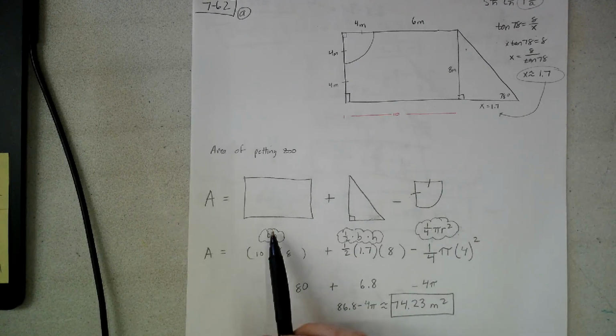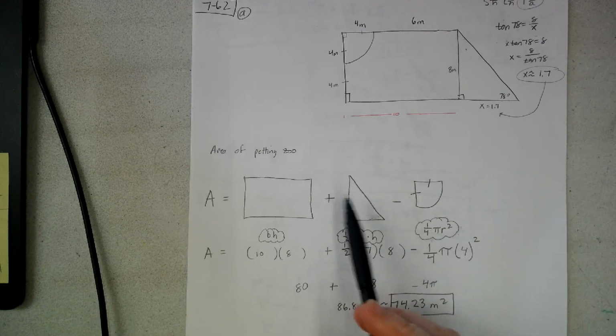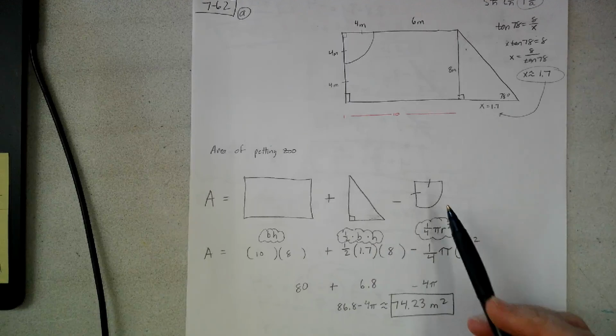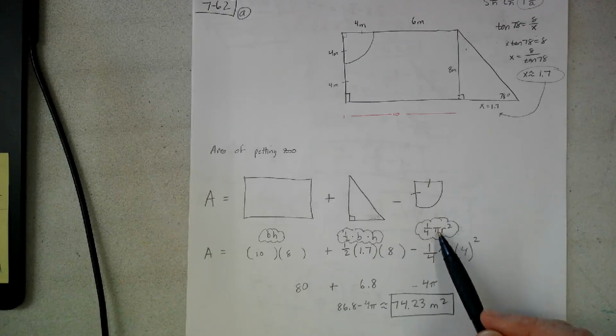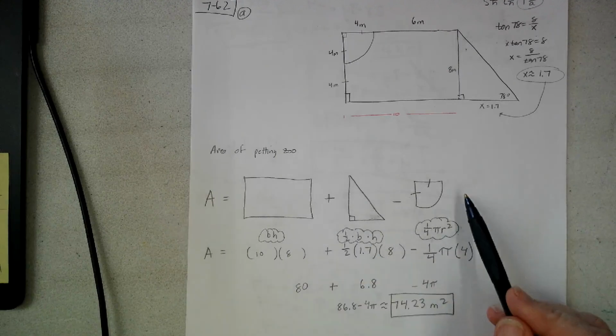So I got the area of the rectangle, which is base times height. The area of triangles is always 1/2 times base times height. And the area of a circle is pi r squared, but it's only a quarter, so I multiplied it by 1/4. So this is my basic plan.